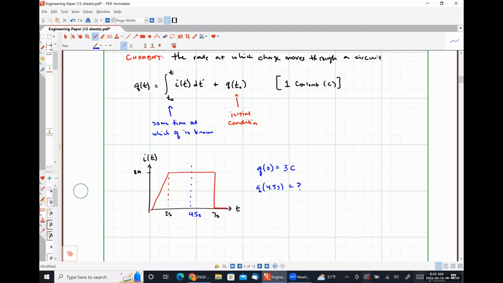For the most part, in this class, the only calculus that I'm going to ask you guys to do is derivatives and integrals of exponential functions, derivatives and integrals of sinusoidal functions, and derivatives and integrals of simple things like t cubed, very simple polynomial functions. Nothing wild or crazy.